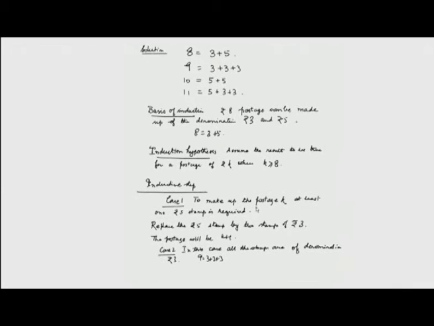Now, what we realize over here is that this postage cannot be 8. So, it can be 9, in which case it is 3 plus 3 plus 3, 9, and if it is something more than 9, then also it will have at least 3 stamps of denomination 3.